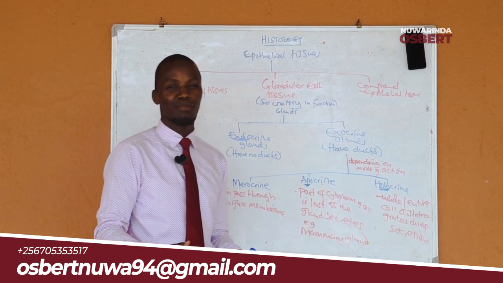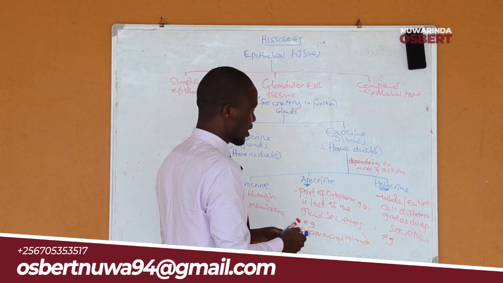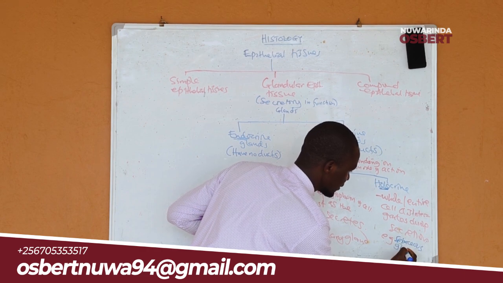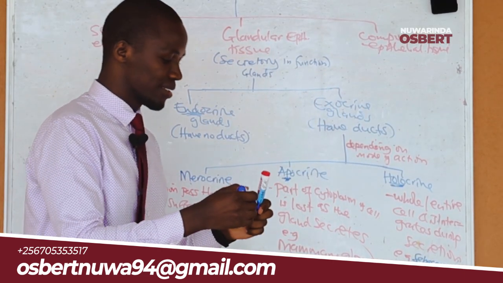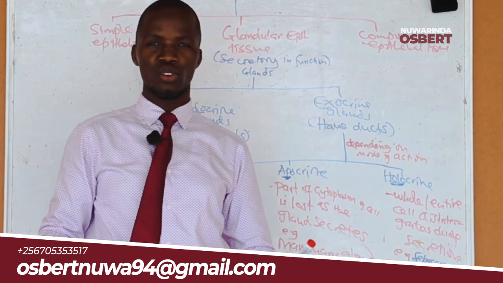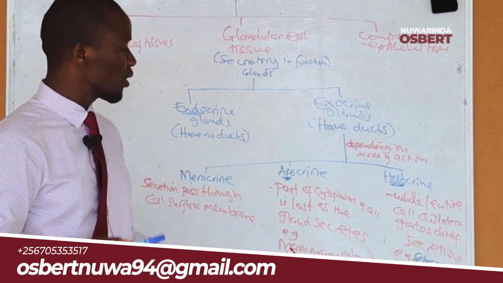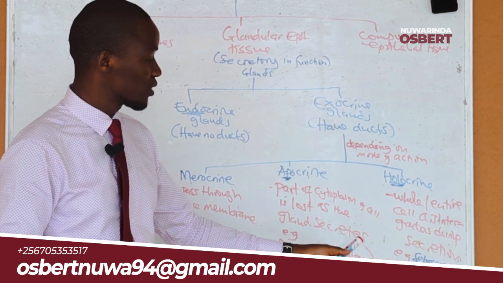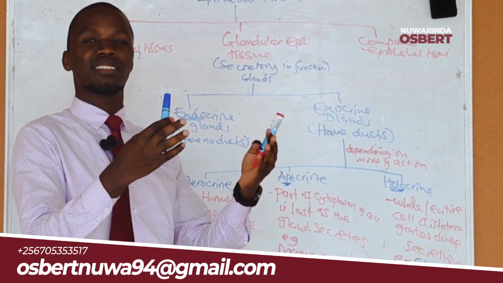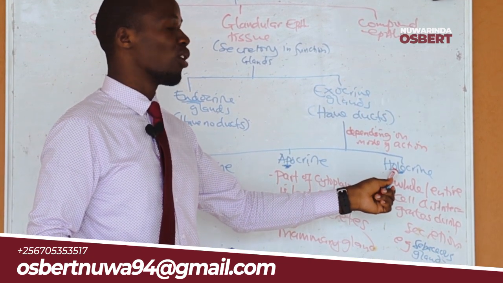The best example here is the sebaceous gland, found in the skin, which produces an oily substance known as sebum that keeps your skin moist. When it is producing that sebum, the whole cell which is going to secrete gets disintegrated. Such kinds of glands, we say they are holocrine.